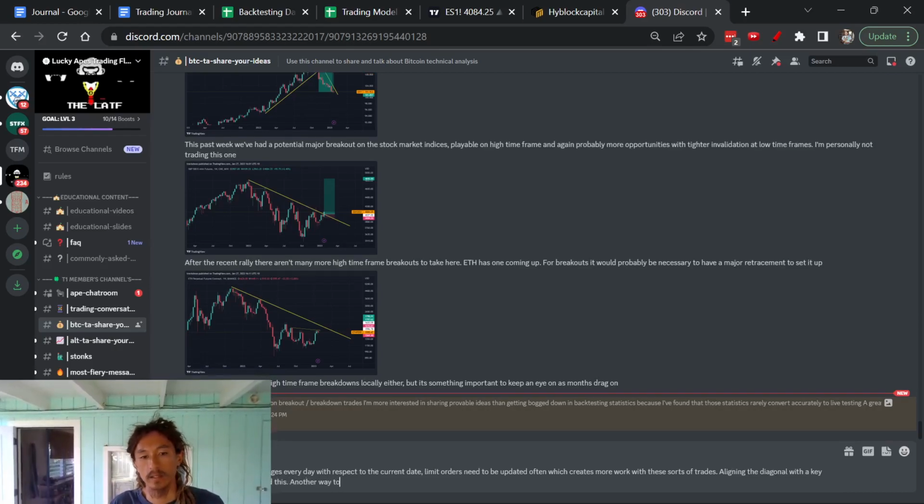Another way, and a way that reduces fake outs, is to wait for a 4-hour close above the trend line. Wait for some kind of candle close above the trend line before entering. This can dramatically reduce the trade quite a bit.